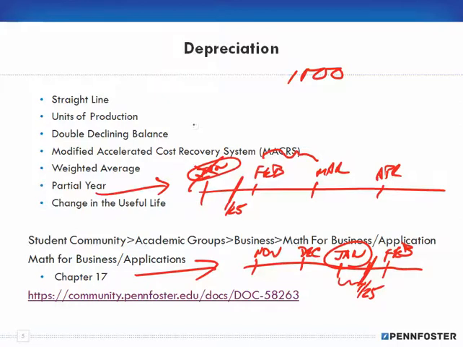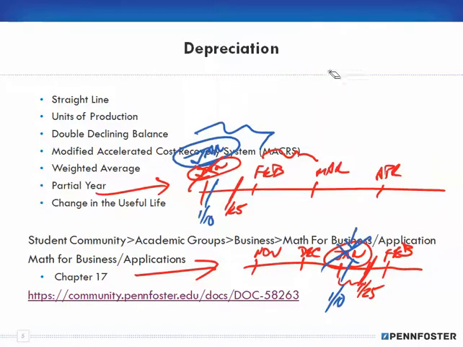Now, if you had bought it on 1/10, well now, yes, you are going to capture the depreciation for this entire month of January. But when you get to January at the end, you're not going to have any depreciation for the end of January. So it's just a matter of where you're shifting that first and last month to be able to capture the entire depreciation, depending upon the date that you purchase it.